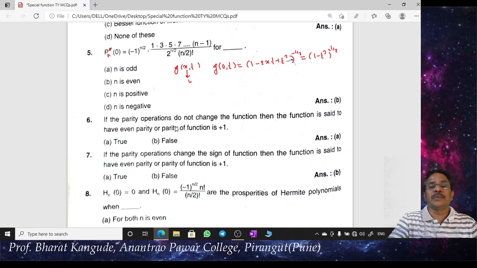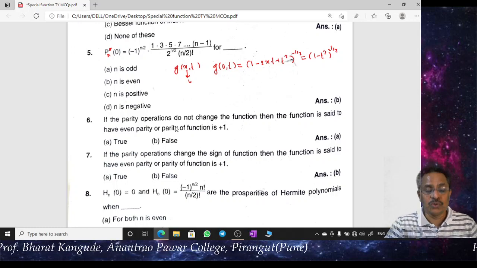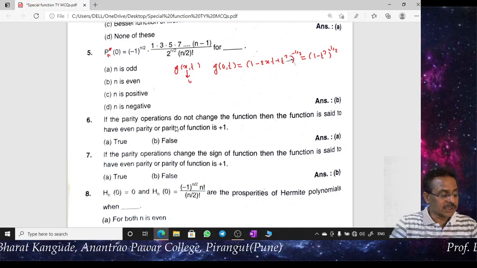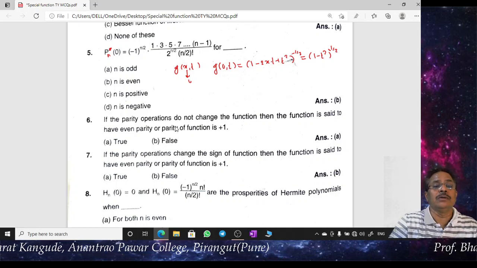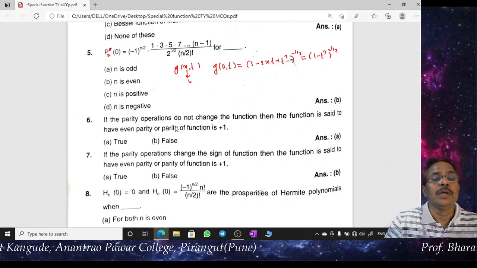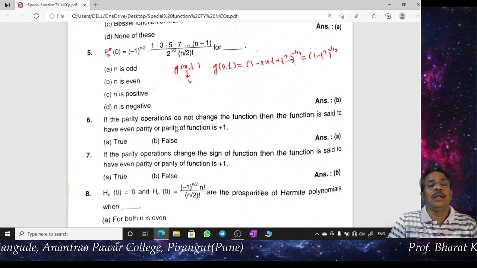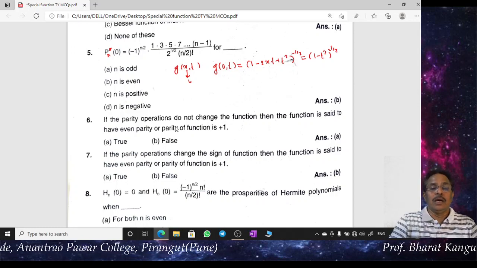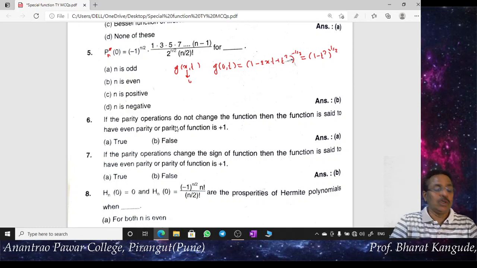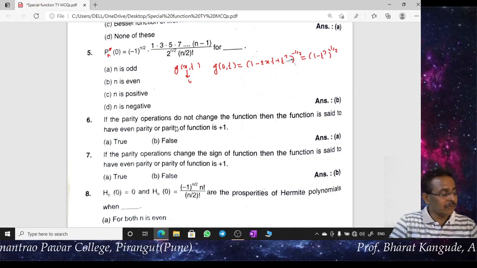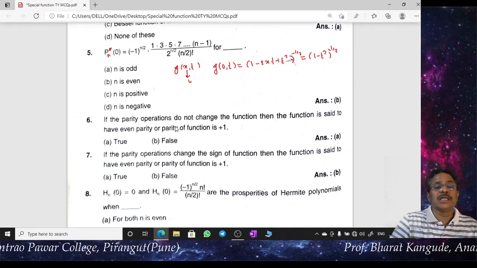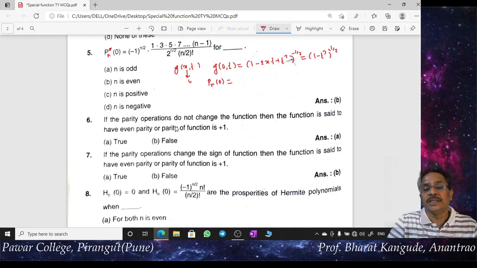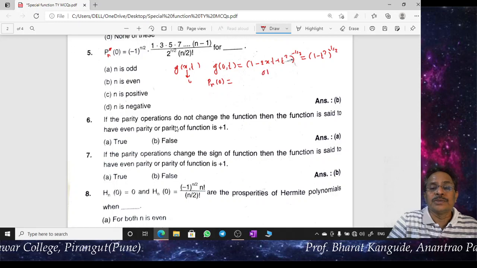Then use this expansion of 1 minus x raised to minus half. Using this expansion we get this particular term here. Nth term is given to be minus 1 raised to n by 2 and 1 into 3 into 5 into 7 like this, divided by 2 raised to n by 2 and multiplied by n by 2 factorial. And you will find that when we go through this entire thing, it is observed to be Pn of 0. So when this particular series is expanded, all odd terms disappear.